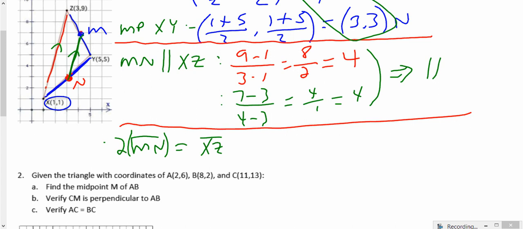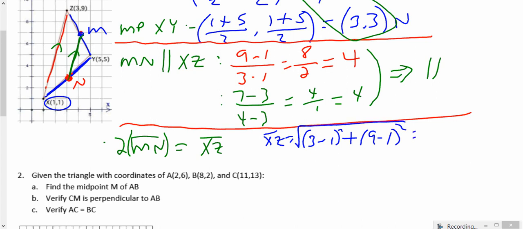So let's find the distance of XZ. So that formula is the two x's subtracted and squared, the two y's subtracted and squared, and then we root.